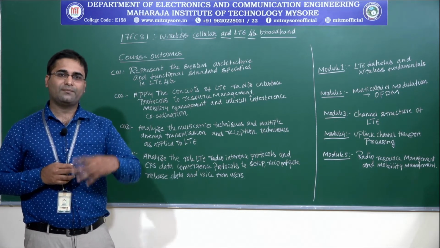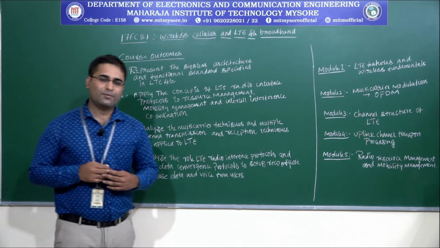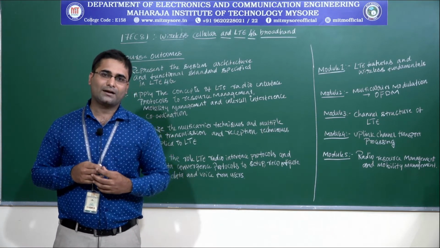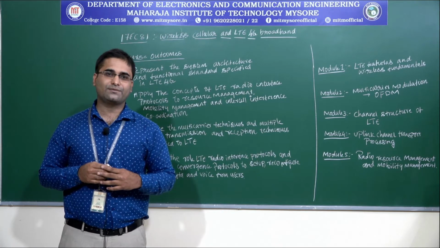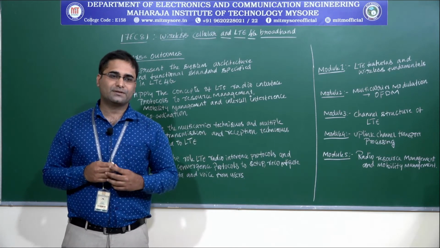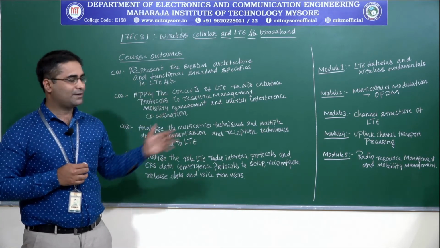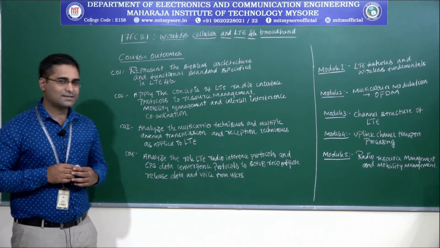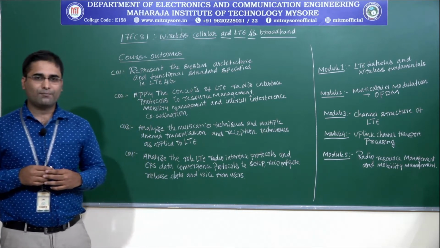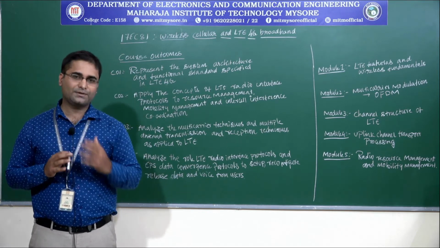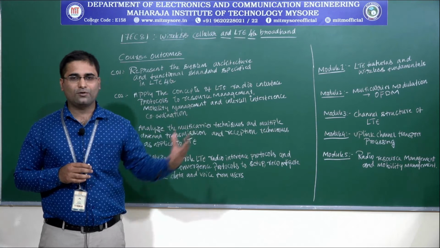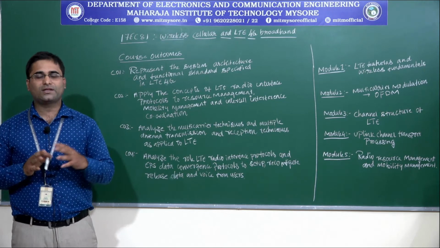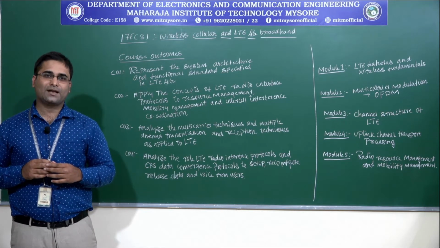If a subscriber with a mobile phone moves from one location to another, how the signals are defined in the communication process is mobility management. So these are the things we will define in the course, wireless cellular and LTE 4G broadband. Before module 1, we will see some basics of how a typical cellular component is defined, or the architecture of a typical cellular component.